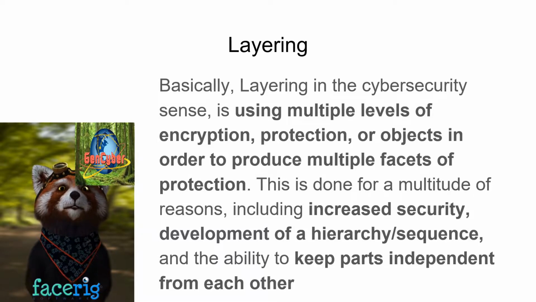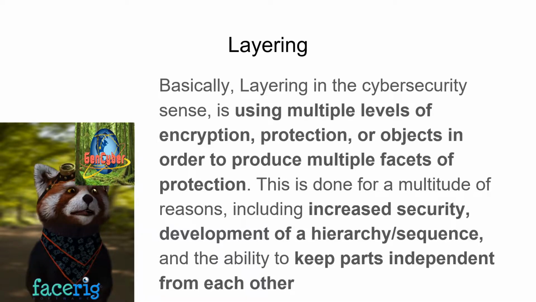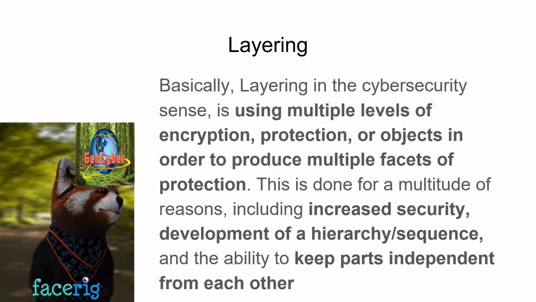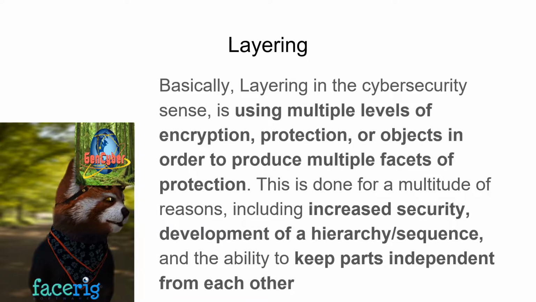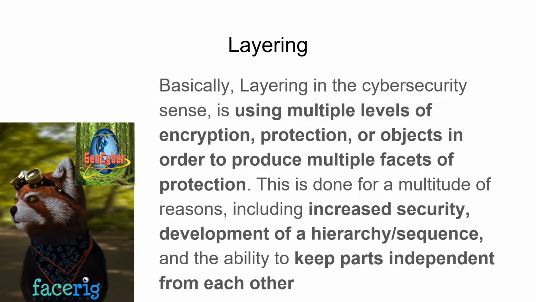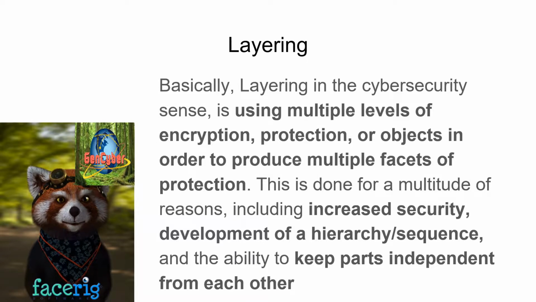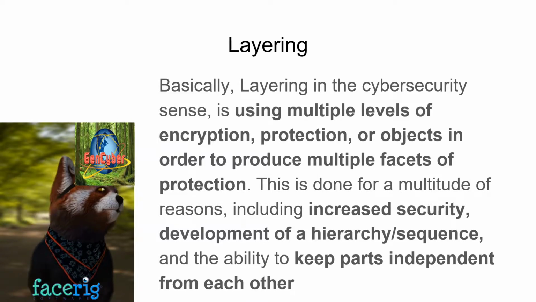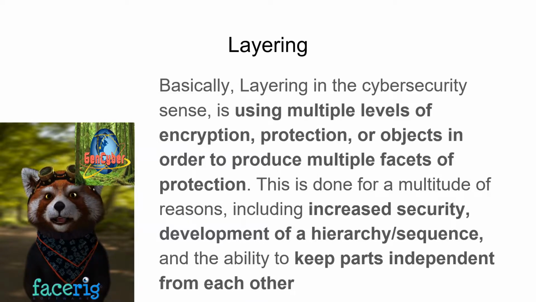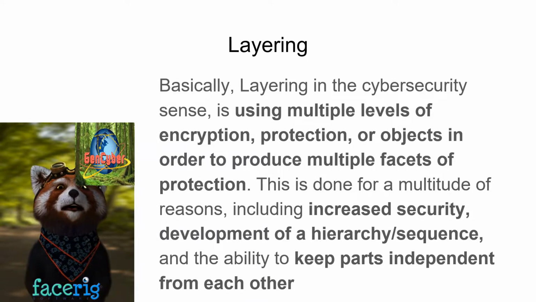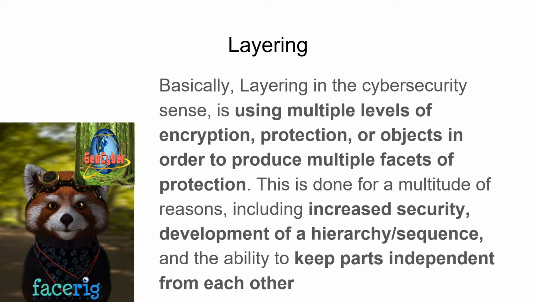Basically, layering in the cybersecurity world is using many layers of encryption, secret codes, protection such as passwords, or other barriers in order to make many different levels of protection. We do this to increase security, to develop a system of hierarchy, and to keep parts that belong separated from each other.